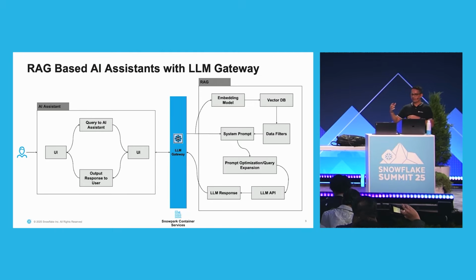Once that data is fetched, you apply some ACL filters, which take care of what data should be exposed to particular users. Then along with the system prompt and the query the user asks, you pass that to the LLM: this is the user query, this is my system prompt, and this is the bunch of text where my answer lies. It returns the response back, and then this will be returned. So this is generally a RAG-based AI assistant.